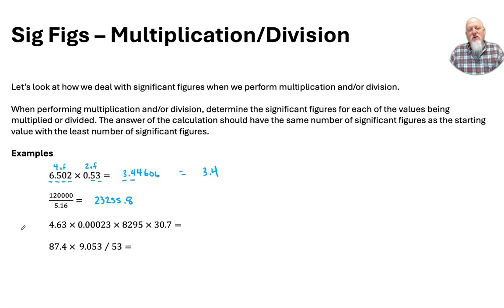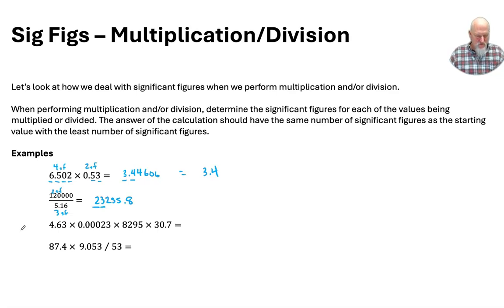It's a division, so we count the number of significant figures in the numbers we used. So 1, 2, trailing zeros don't count unless there's a decimal, and there's not a decimal. So that 120,000 has 2 significant figures. 5.16 has 3 significant figures. Those are all non-zeros. So 2 and 3, my answer should have 2 significant figures.